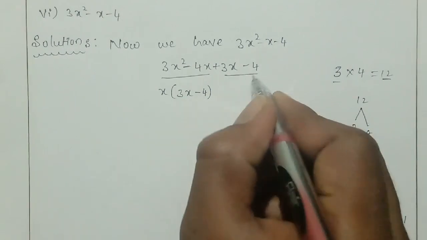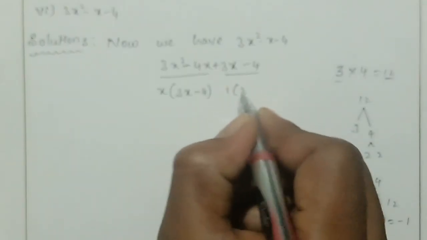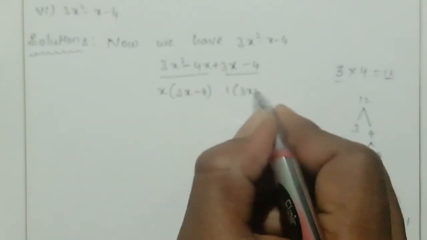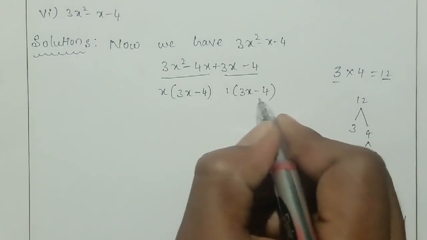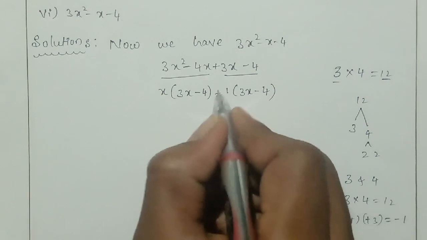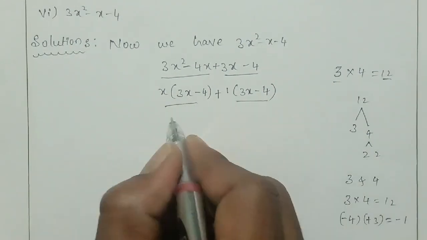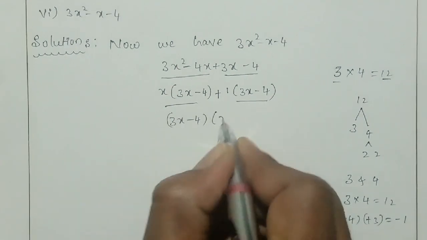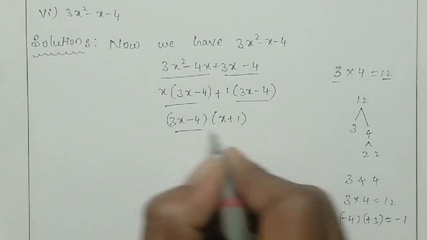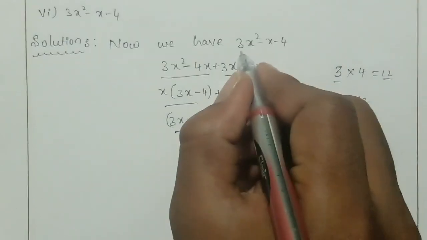In these two, what is common? 1 is common. So you write 3x as it is, and the minus symbol here, and 1 into 4 is 4. Minus into minus is plus. So what is common in these two? 3x minus 4 is common, remaining is x plus 1. These two are the factors of this polynomial.